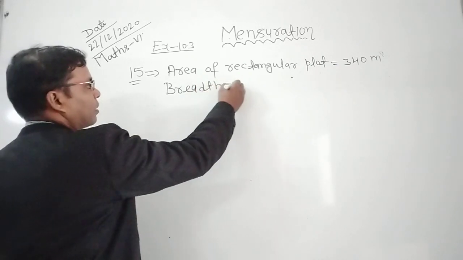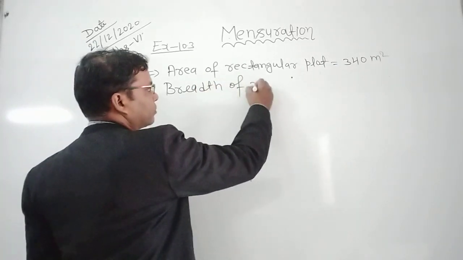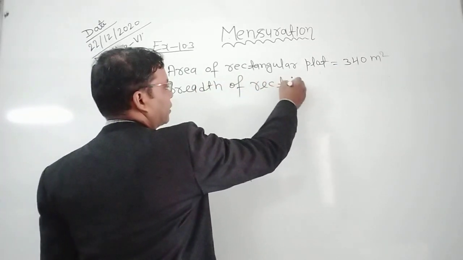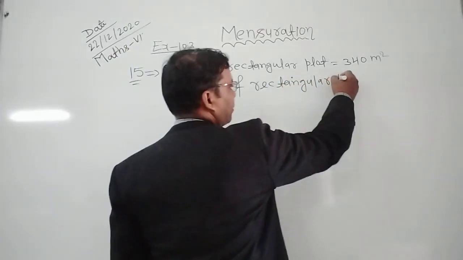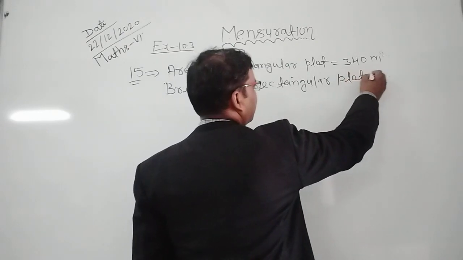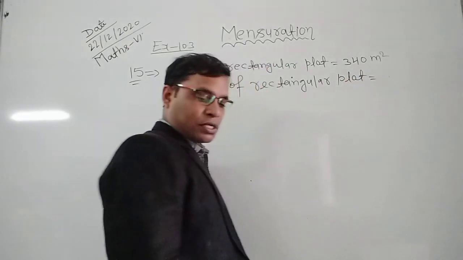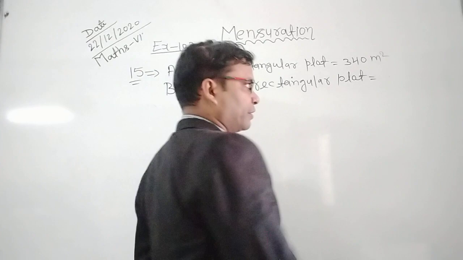Breadth of a rectangular plot is equal to 17 meters.